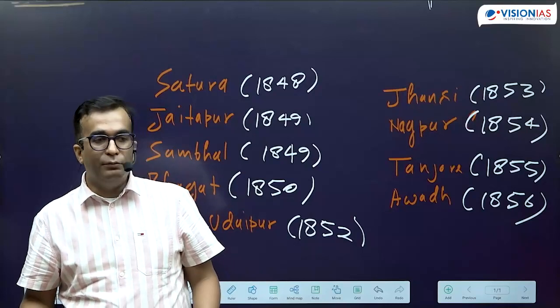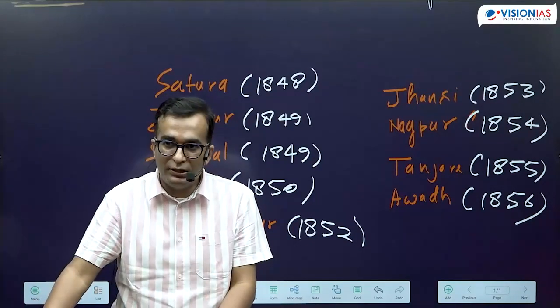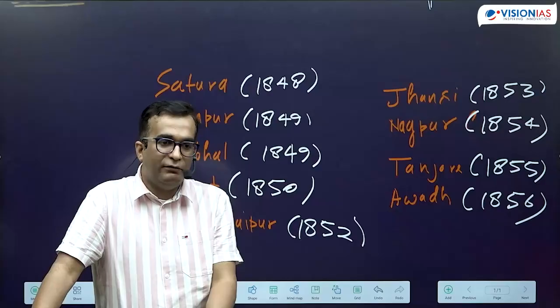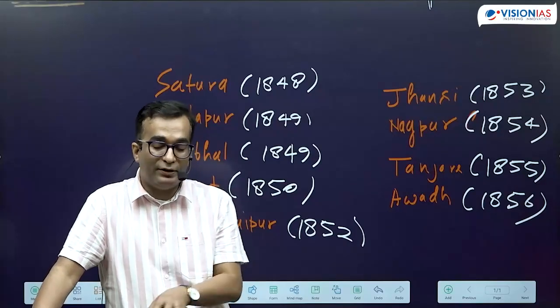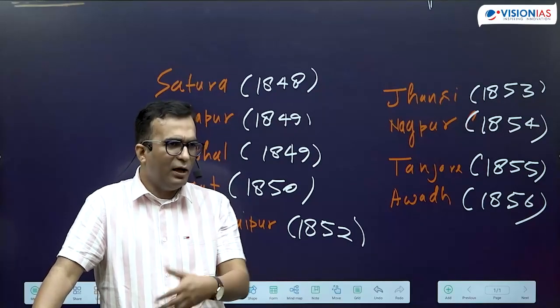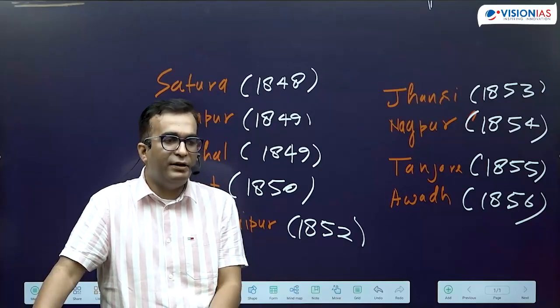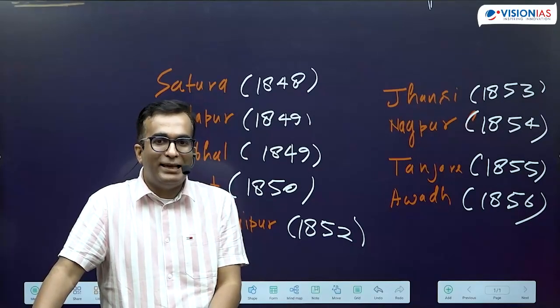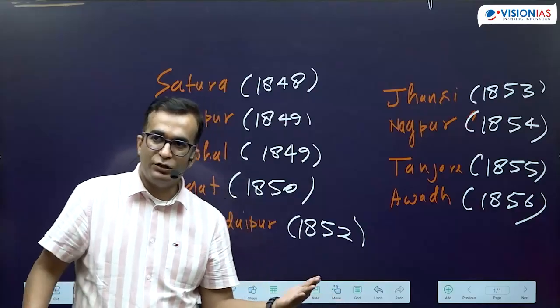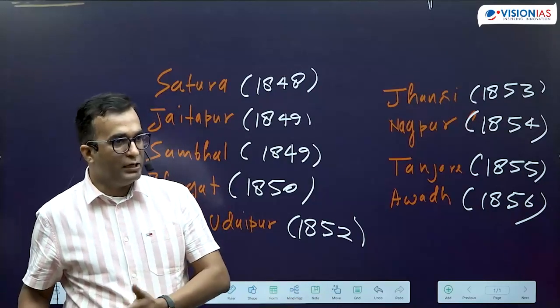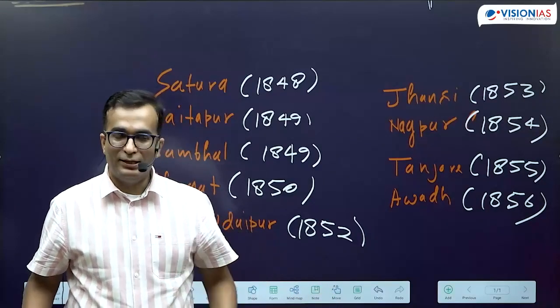Moreover, one more thing is to be kept in mind: very often when we write answers, or when we are studying modern Indian history, we have a tendency to take a very soft position towards the Indians and a very harsh position towards the British. The case is not like this.